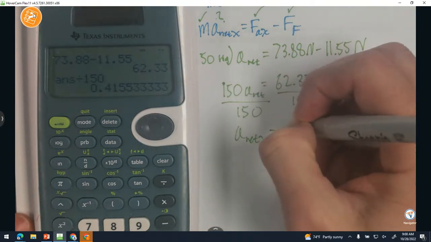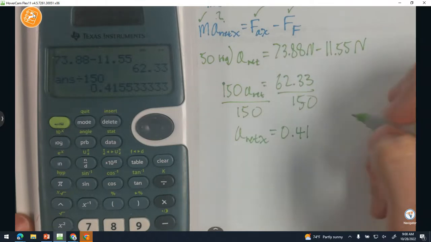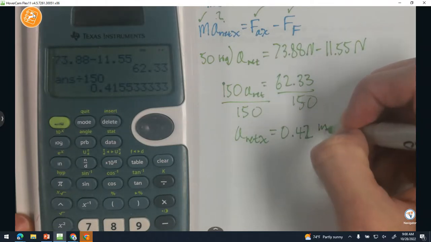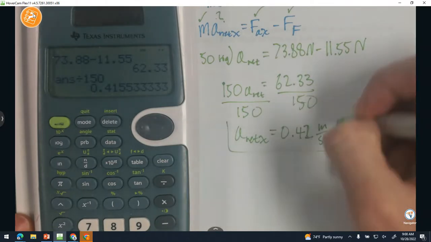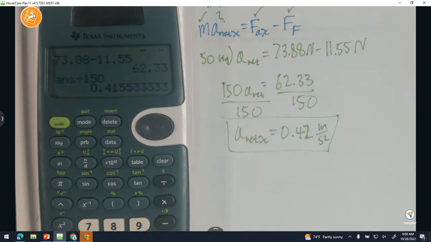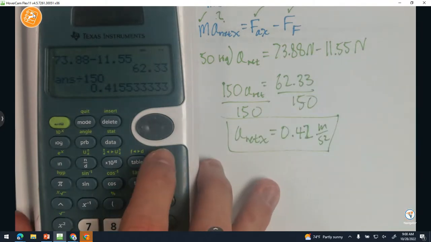So our acceleration in the x direction is 0.42 meters per second squared.